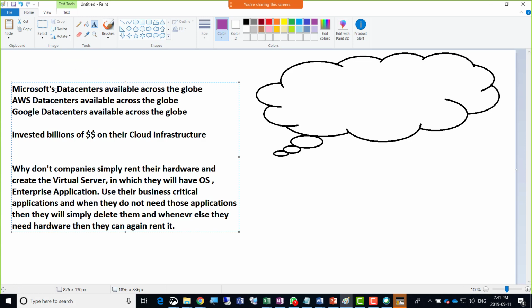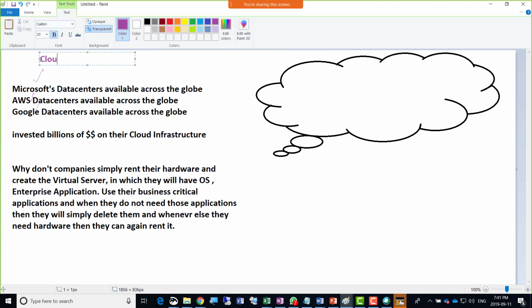Why don't they use Microsoft's, AWS's and Google's data centers that are spread across every business hub in Europe, in Asia, in Australia, in North America, right? So they created their data centers. Now cloud equals someone else's data center, right?